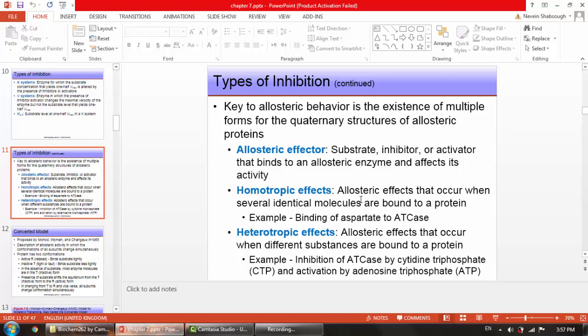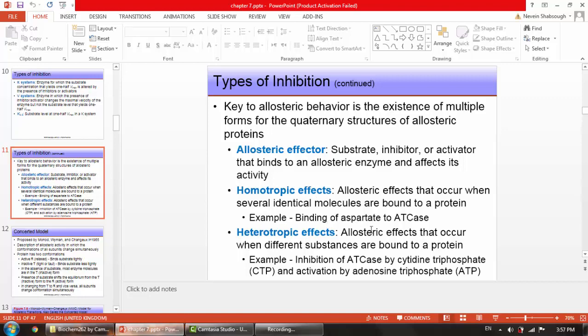Now, homotropic allosteric effects are the effects that occur when several identical molecules are bound to a protein. Remember, with hemoglobin, which binds 4 oxygen molecules, binding the first one facilitates binding the remaining oxygen molecules, and all of them are similar, so this is a homotropic allosteric effect.